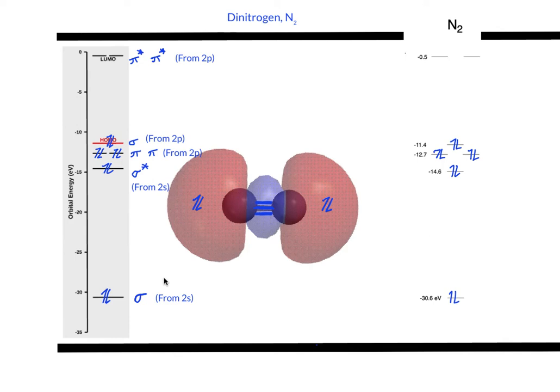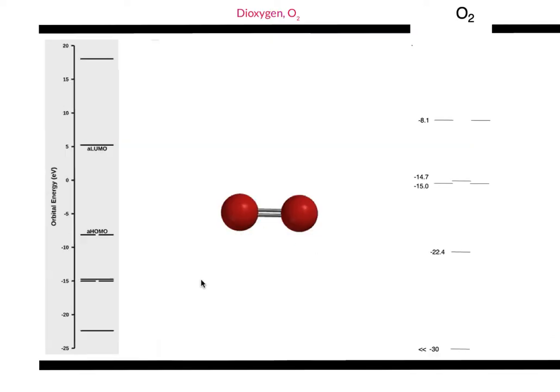Now that we've reviewed dinitrogen, let's go to dioxygen, with the energy levels calculated by Spartan. Since oxygen is a more electronegative atom than nitrogen, the atomic orbital levels are lower, as are the resulting molecular orbitals.